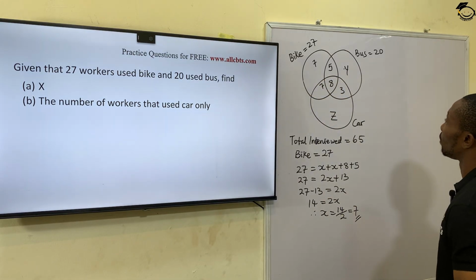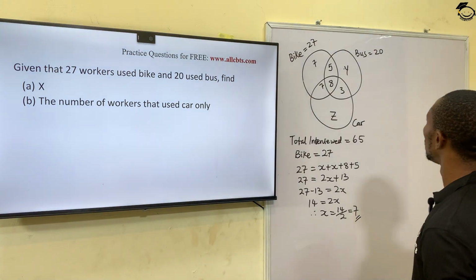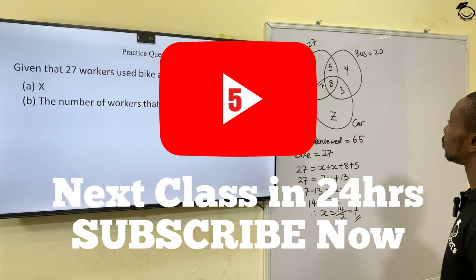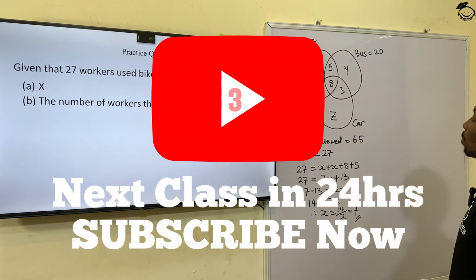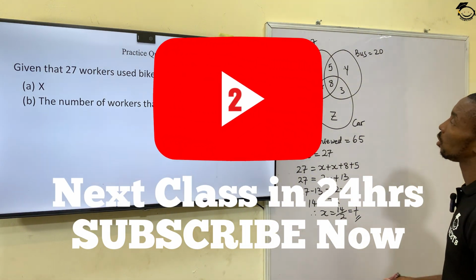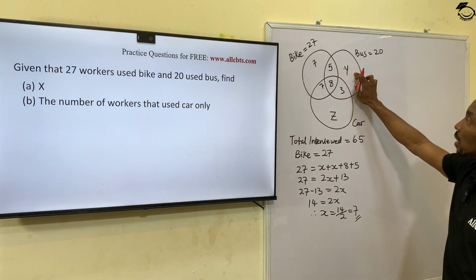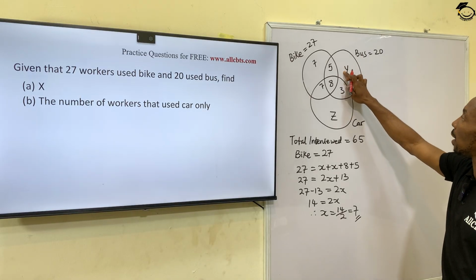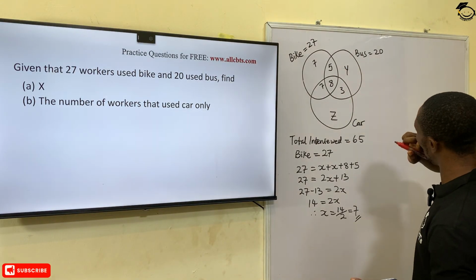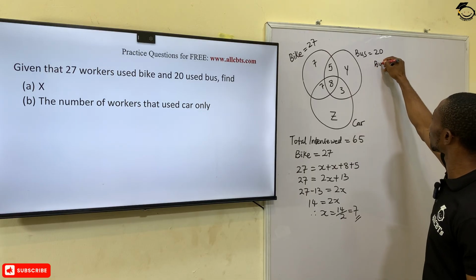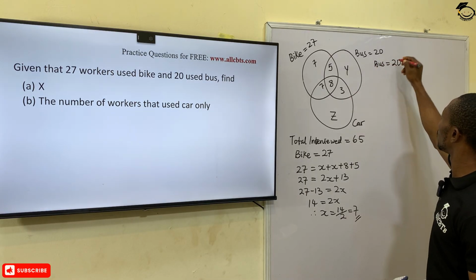All right, now our next question says we should find those that used car alone. But before we can get those that used car alone, we need to find those that used bus alone. For bus only, we are told that bus is 20.